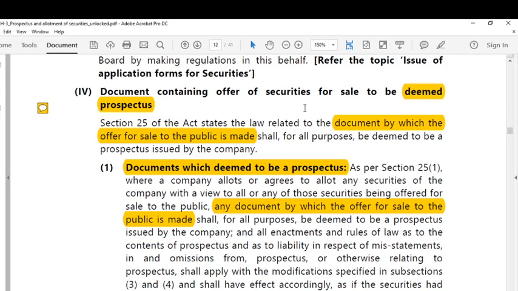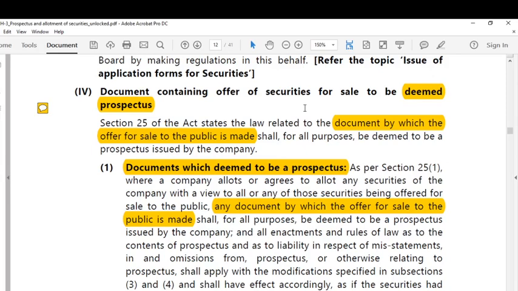So, there are certain documents or circulars or certain advertisements or some information memorandums which are issued by a corporate body for the purpose of offer for sale of securities to the public.